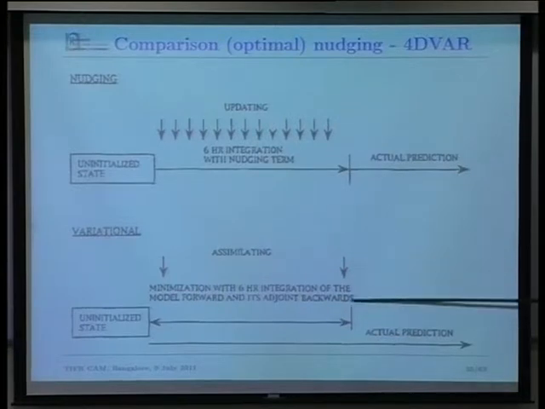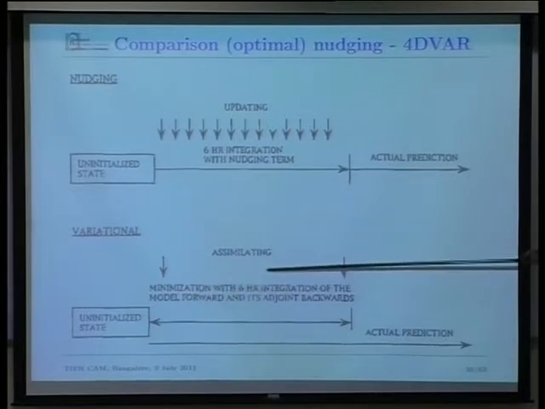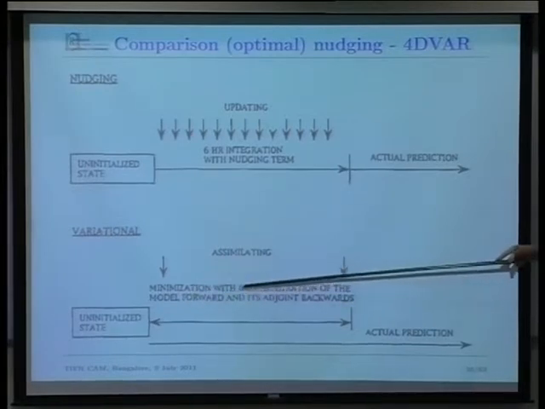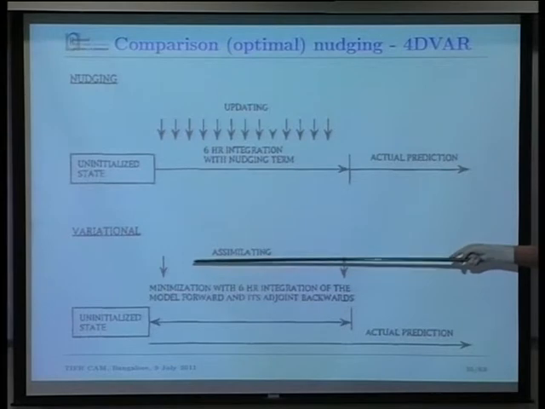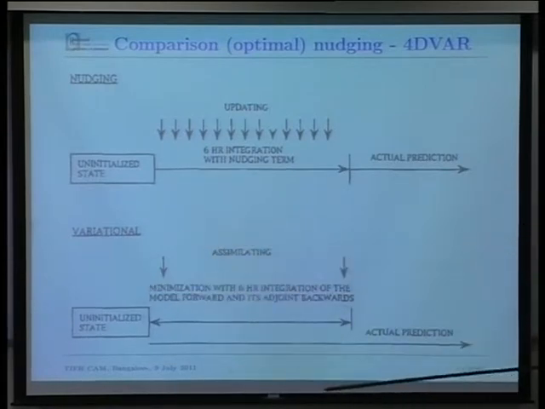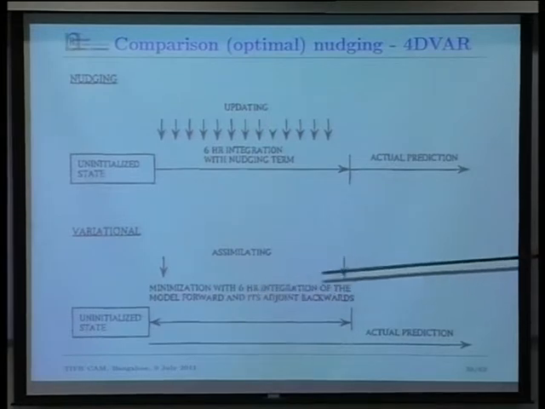And then the variational, it's a kind of 4DVar. You minimize this with the model and adjoint, try to identify the new initial condition, which is the best possible initial condition, and then from this initial condition, you use the model to run and get the prediction.